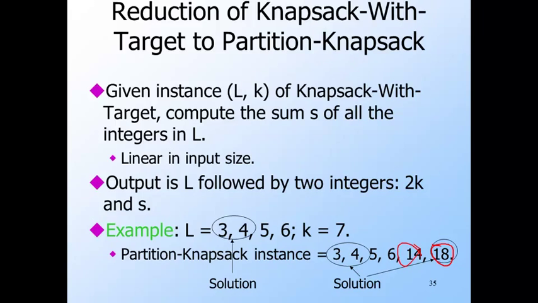That turns out not to be a coincidence. Including the integer that is the sum of L always turns a solution to the input instance into a solution to the output instance. We'll see that when we prove the correctness of this polytime reduction.